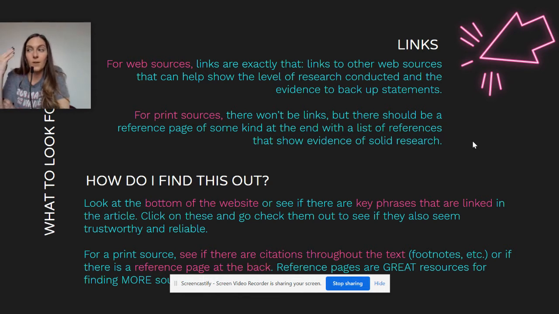And so if you found this particular book to be really helpful, you can go and look at all the other books that the authors cite. And that could provide even more research for you. So the reference page is really invaluable for getting you more sources.